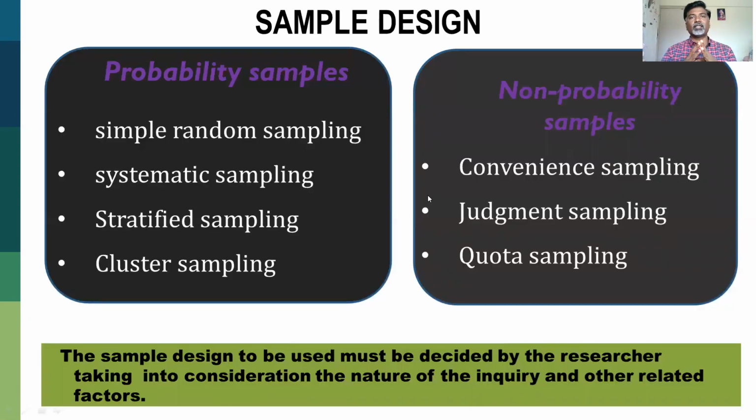Then there are basically two types of sampling designs. Before deciding the sampling method, the researcher should take into consideration the nature of inquiry and other related factors, means how we are going to collect data and where the data is coming from. On that basis, they have to select what type of sampling technique to use.